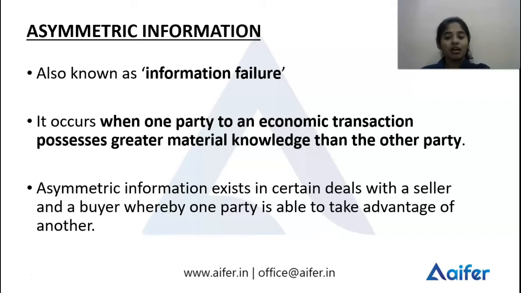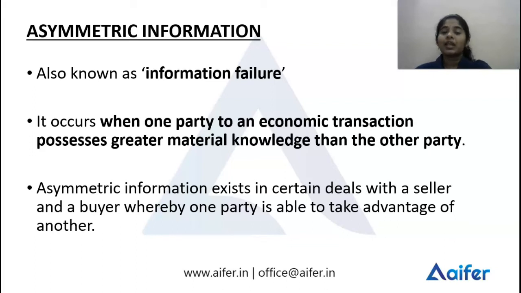Asymmetric information occurs when one party to an economic transaction possesses greater material knowledge or information than the other participant. It happens when one among the participants in a particular economic transaction or trade possesses greater information or knowledge than the other participant.